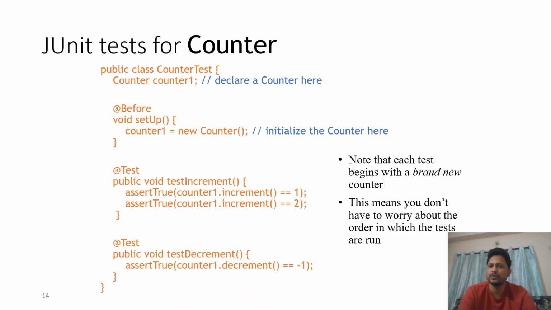Here I am checking whether the counter increment value is 1 or 2, both for a brand new counter in these test cases. And for the decrement case, decrementing the value by one, using assertTrue I am validating the particular test case. This is one example for the Counter class.